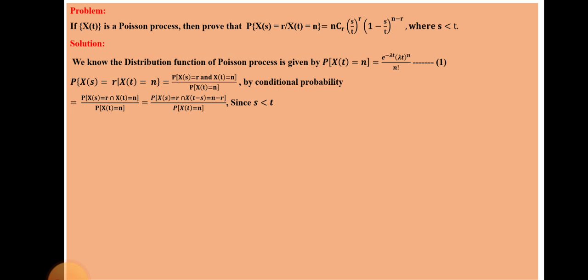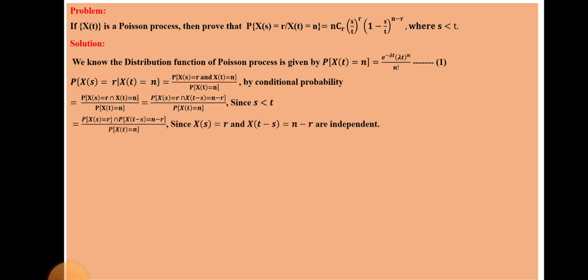Like that we are removing the remaining parts. We will get the probability of X(s) equal to r intersection X(t−s) equal to n−r, over the probability of X(t) equal to n, since s is less than t.